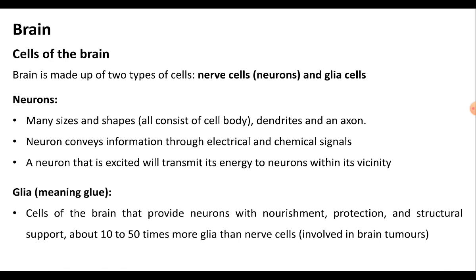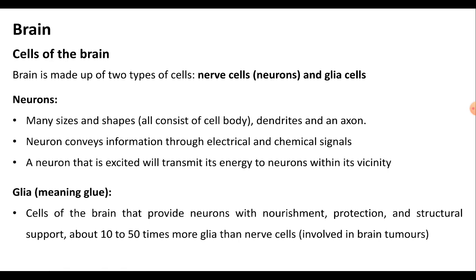Neurons play a very important role where it conveys the information in the form of electrical and chemical signals. And a neuron that is excited will transmit its energy to the neurons present within its vicinity.